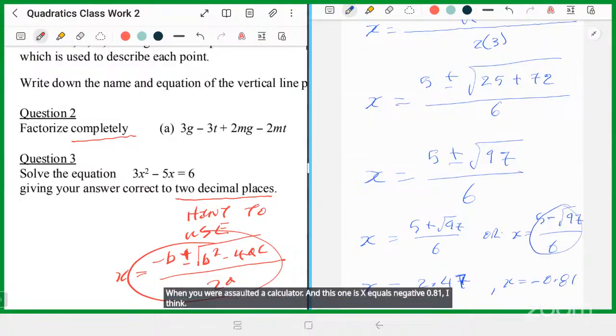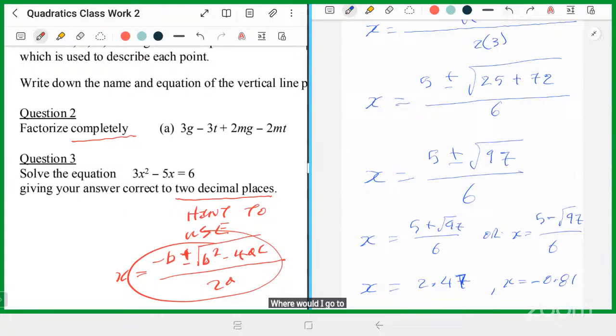Those are the two values. Some person put 2.48. Alright, not bad, because I worked out this part first before they divide by the 6. But we'll talk about the best way to calculate that some other time, not now.